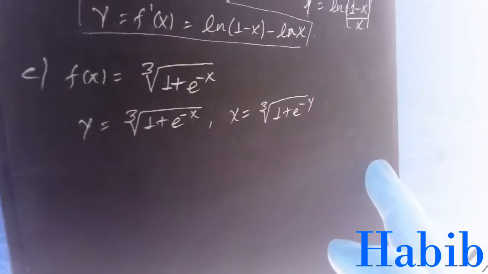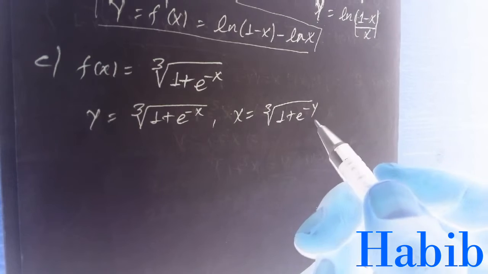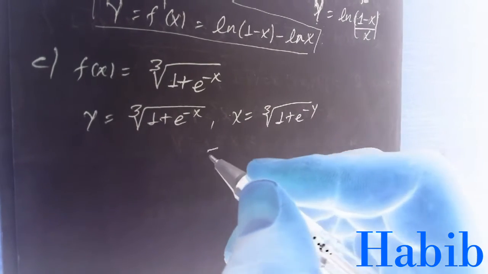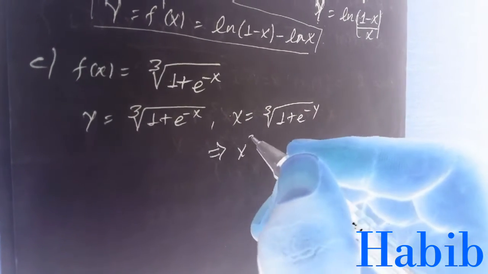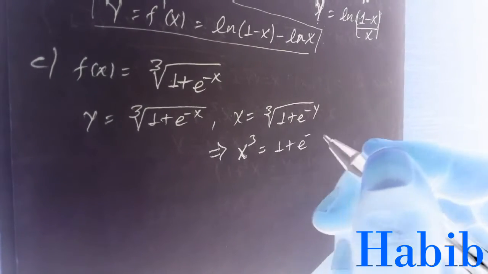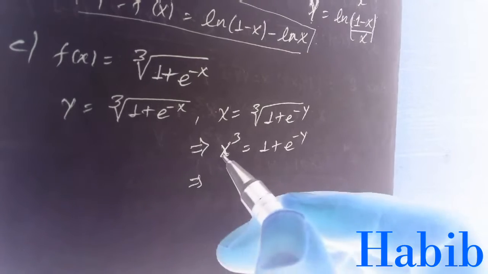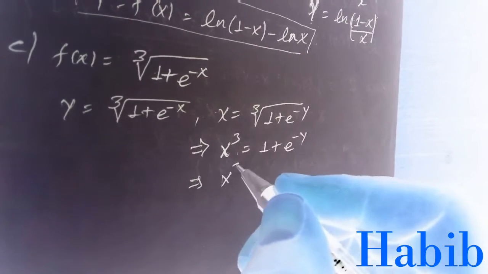To remove the root sign, we raise to the power of 3: x cubed equals 1 plus e raised to minus y. Therefore x cubed minus 1 equals e raised to minus y.